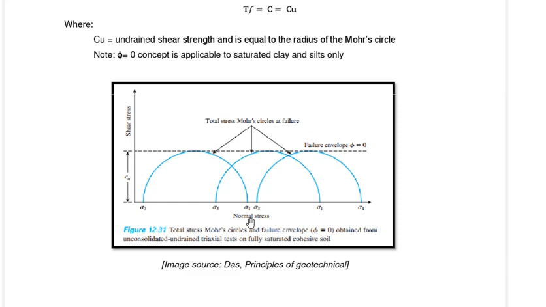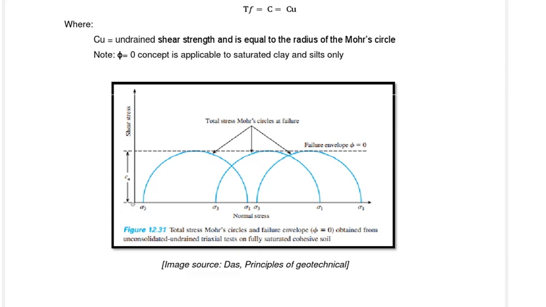So, the drainage valve is closed throughout our UU test. So, we have here a diagram showing our Mohr circle in the UU test. So, initially, there is no stress on the specimen.